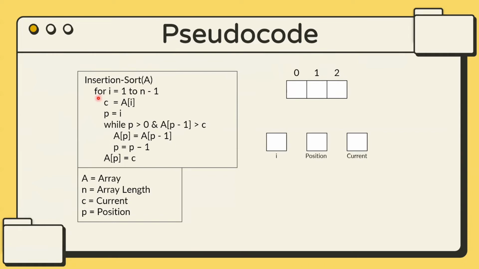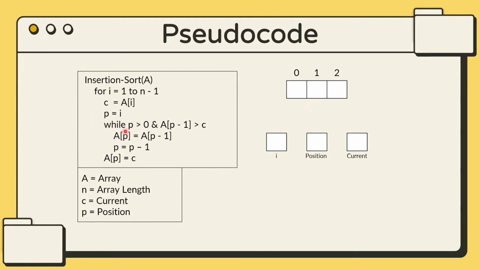And the next line is the i, which is the variable, always starting with number 1 to n minus 1, n is the array length, which is how many numbers there are in the array. And the next line is p equals i. So p represents the position, and it's the same as i. And next we will continue to the condition.